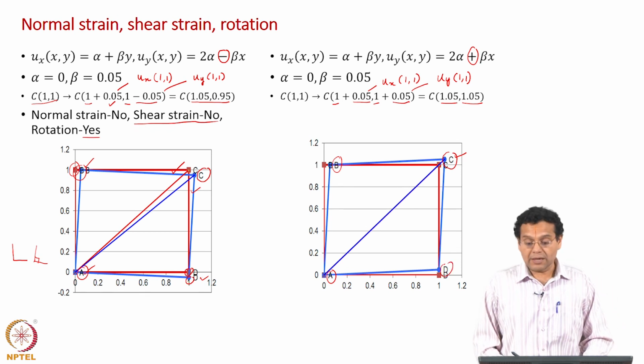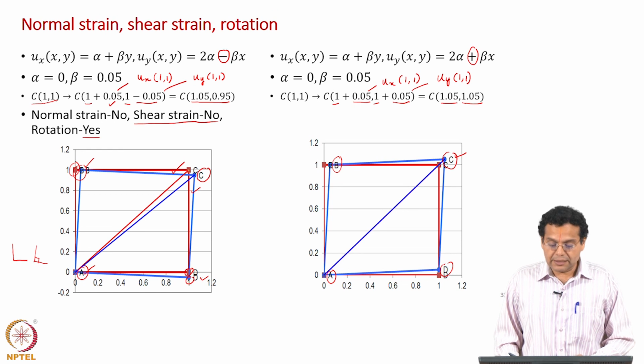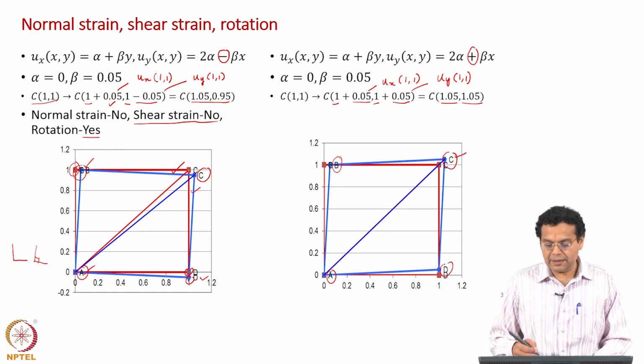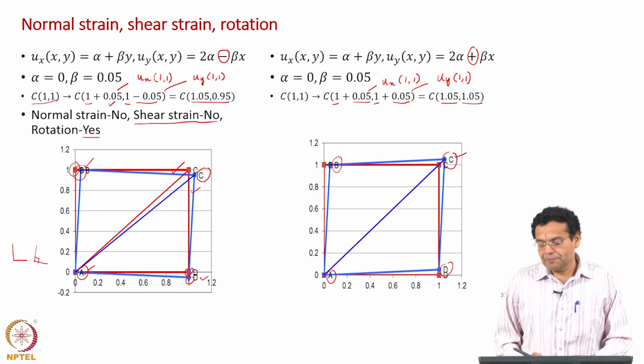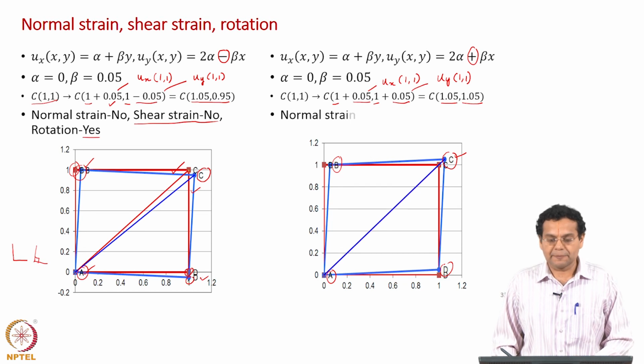Now, let us see what happens in terms of strain. Look at the length, there is no change in length. If you compare red AB and blue AB, no change in length. Consider red AD and blue AD, once again no change. So, there is no normal strain.